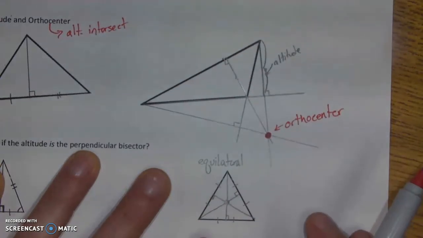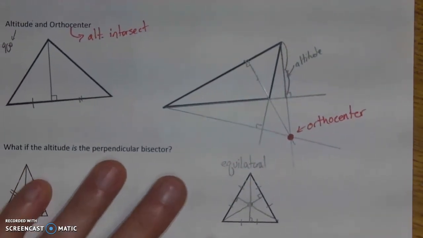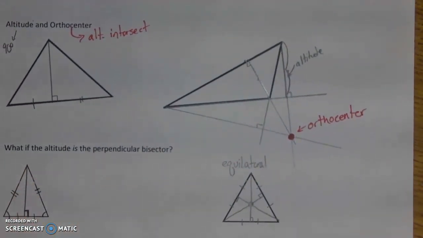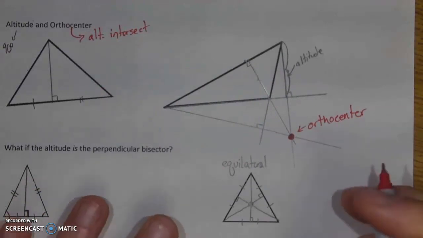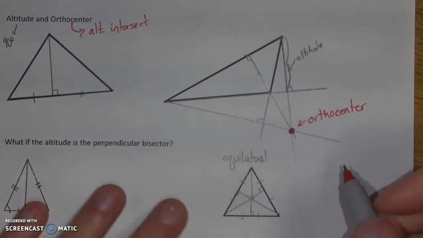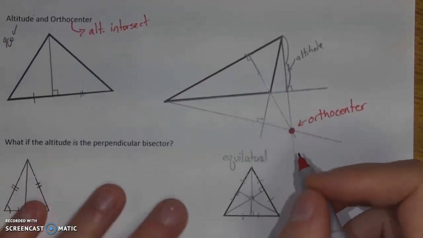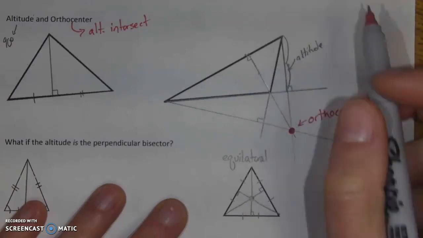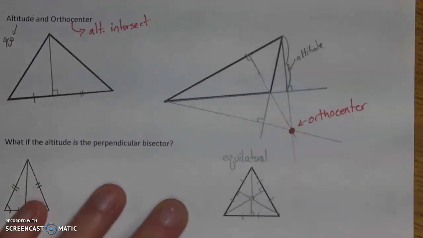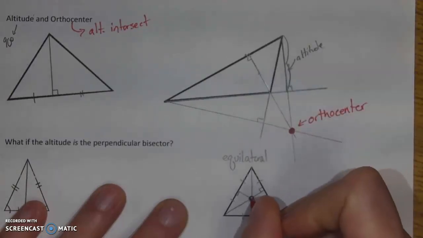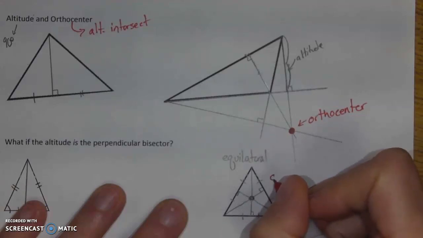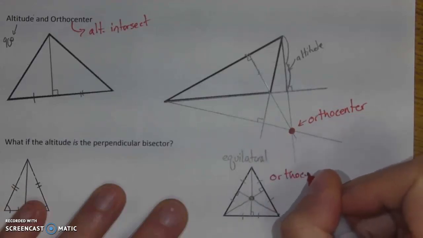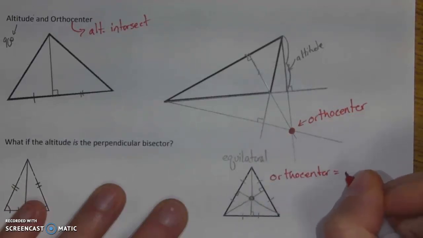The orthocenter does have some important qualities, but right now I just want you guys to be concerned with how to find them. And just be aware, the only time where an orthocenter will be the same as the circumcenter, the intersection of those perpendicular bisectors, will be in an equilateral triangle. So in an equilateral, the orthocenter equals the circumcenter.